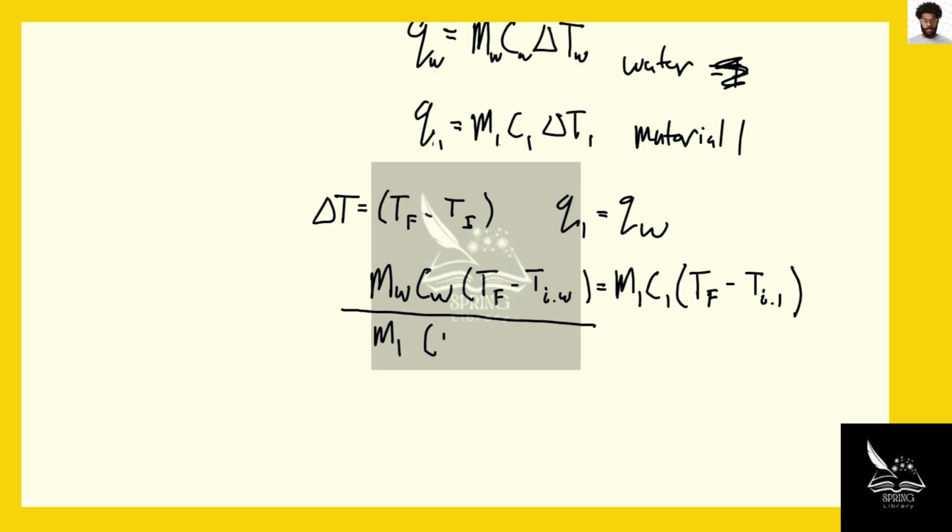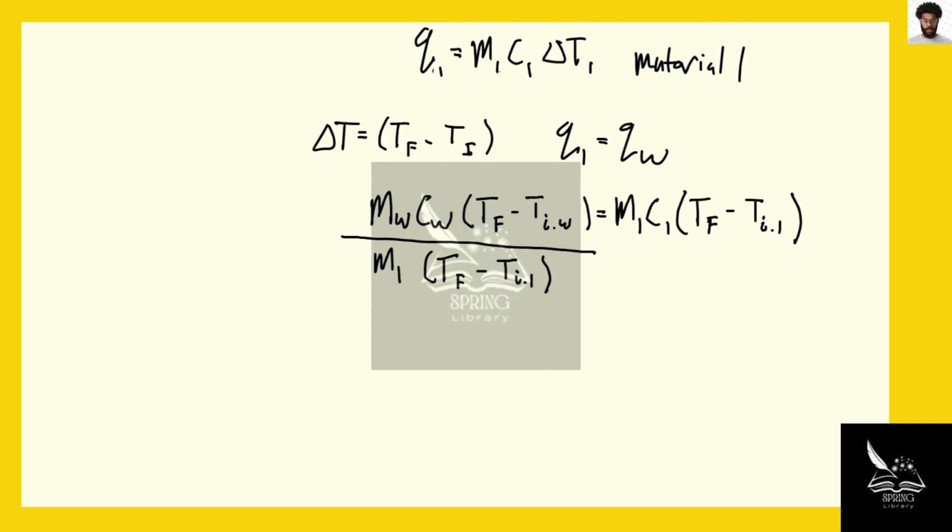Sorry. But we should say temperature final, temperature initial water, temperature initial 1. Okay. And we'll do the same over here. Of course, M1, TF minus TI1. Okay. To end up with the expression, right?